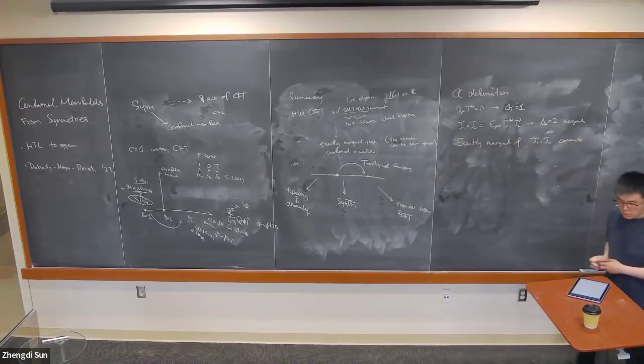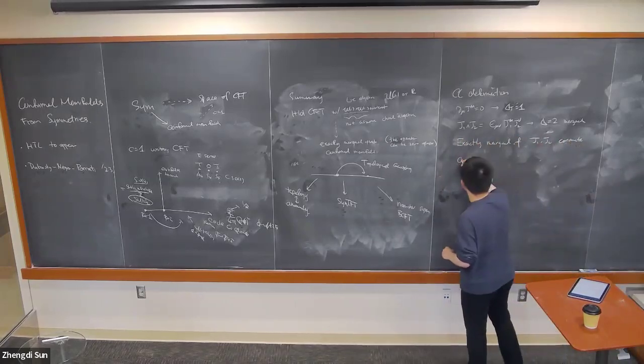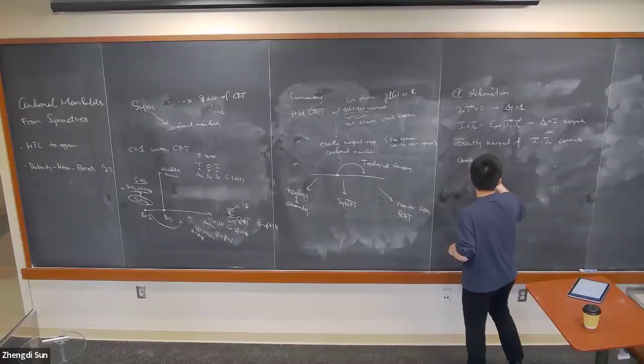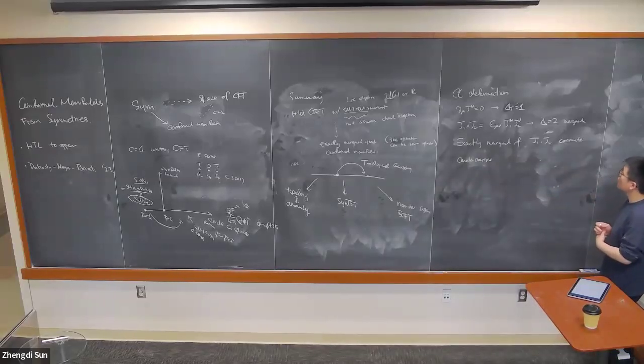Let me give you a counterexample of why this wouldn't work. Let's consider the case. Currents or charges? I think currents. Currents, you can still. Operators. Oh yeah, it's better to say charges.